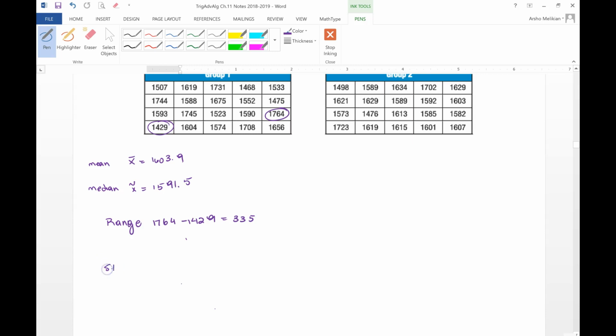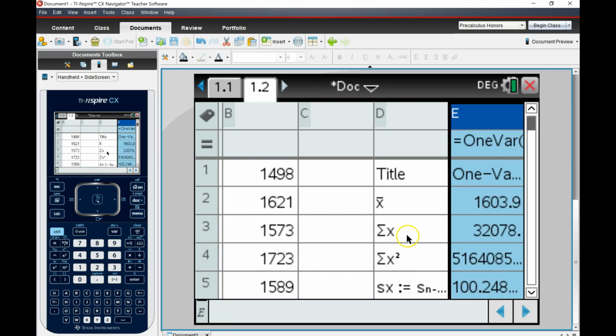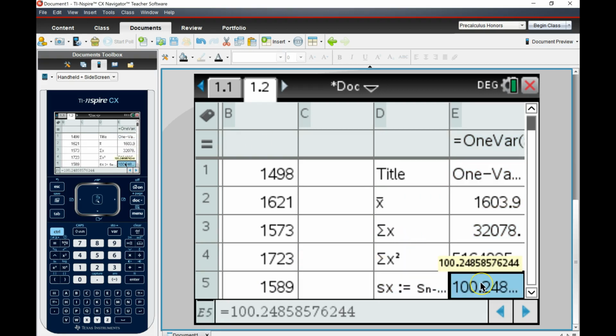And I also want the standard deviation. That's S in the calculator. That's the S value. Where is it? Here, 100.2.